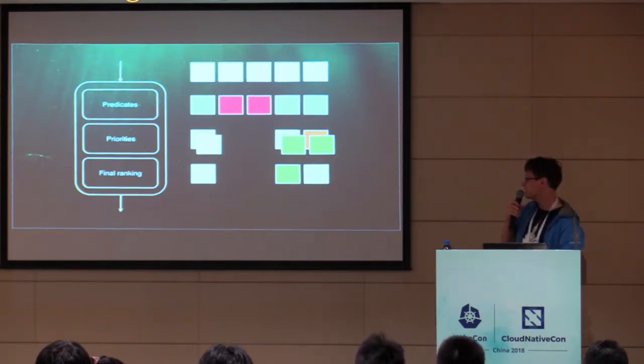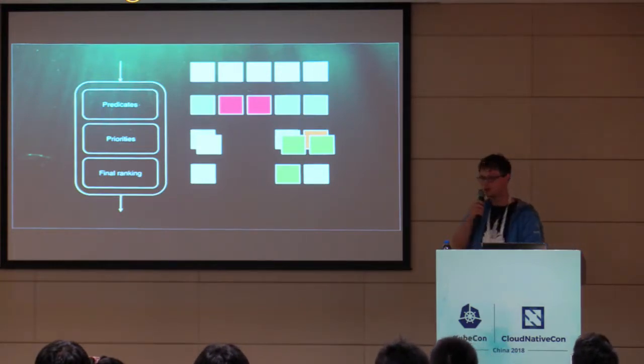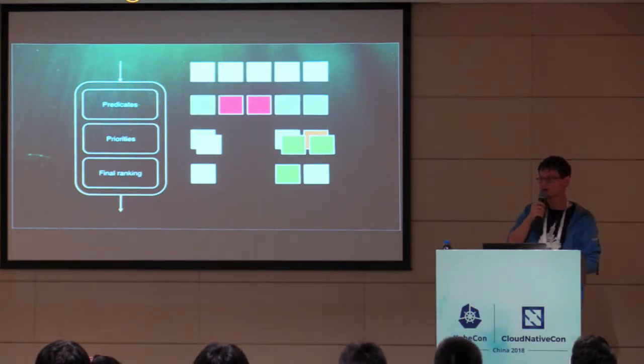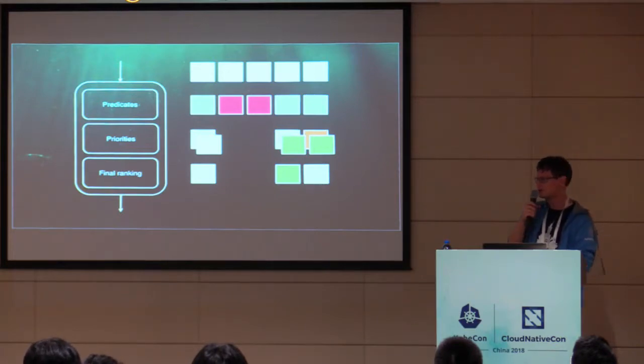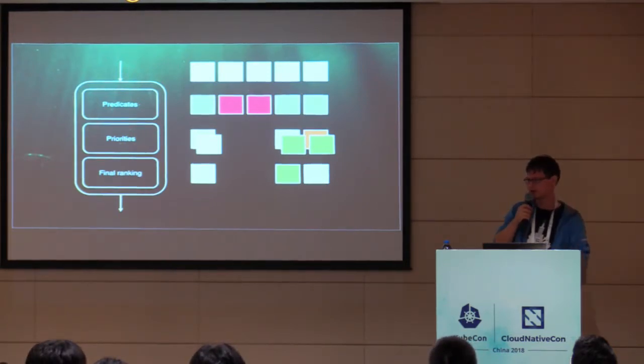So once we filter out the nodes that cannot be used for a given pod, there is the second phase, and it's about priority functions. Those are the functions that basically rate each node to say how desirable it is to run a specific pod on this node, and then they are used to select exactly which node will be finally used.